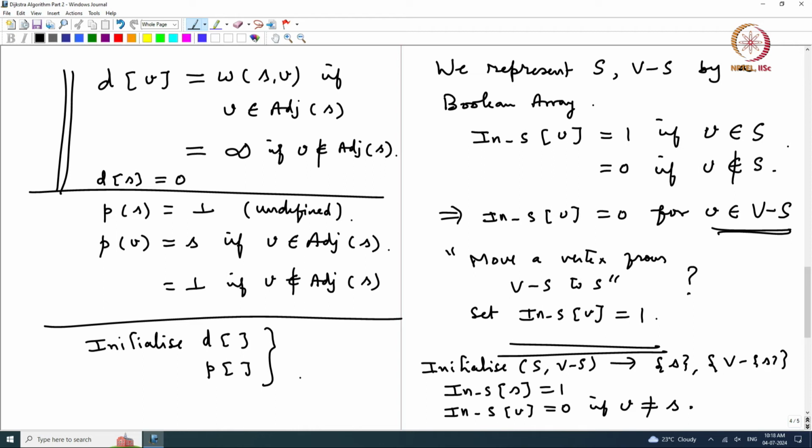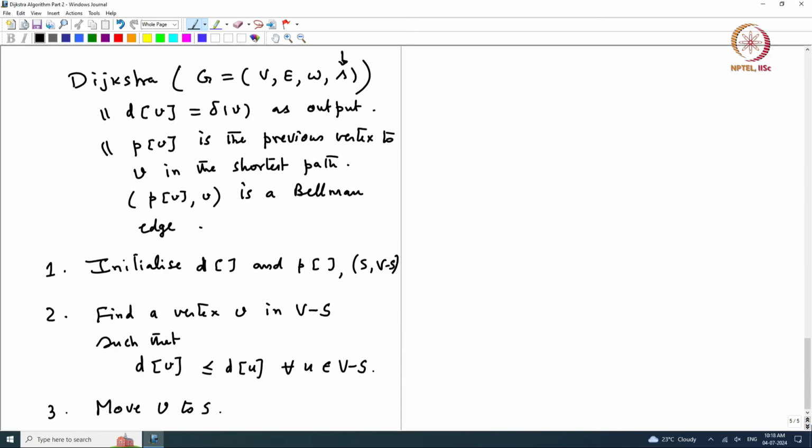This represents the initial partition. For the initial partition you know how to initialize D and P. So initialize D, P, S and V minus S. After that find a vertex V such that D of V is less than or equal to the others, and move V to S. We have seen how moving of V is to be implemented.